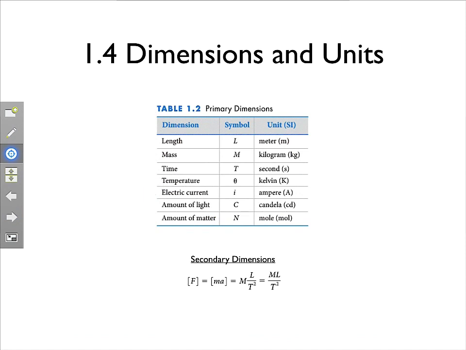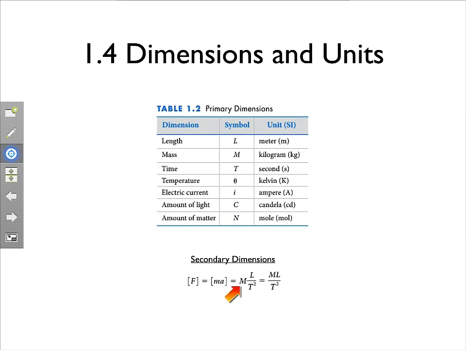Looking down here, secondary dimensions are dimensions that are basically combinations of the primary dimensions. If we look at force, these square brackets denote that we're going to be taking the units of this quantity, force, inside the brackets. Force can be broken out into mass times acceleration, as we know, and then we can write down what the primary dimensions are of these two quantities.